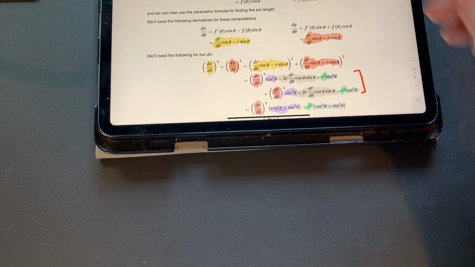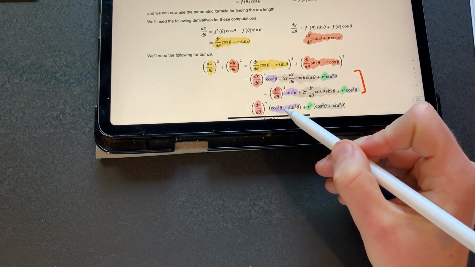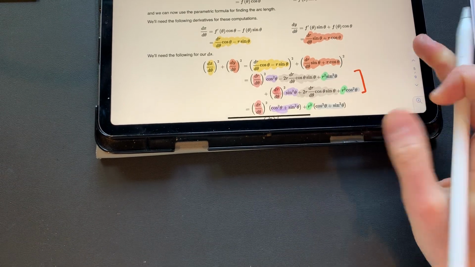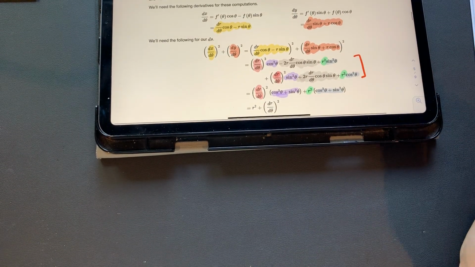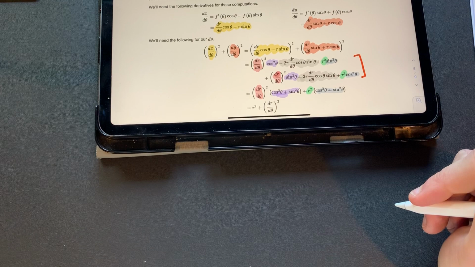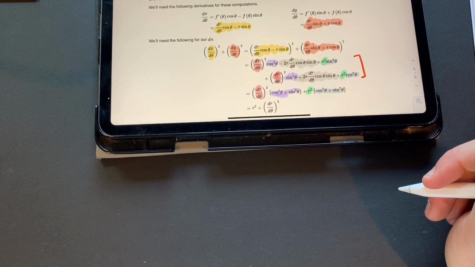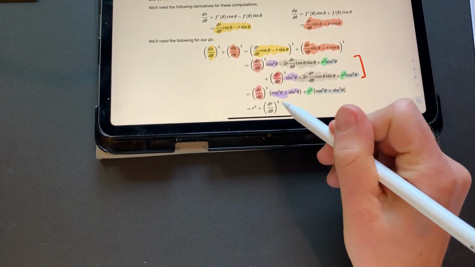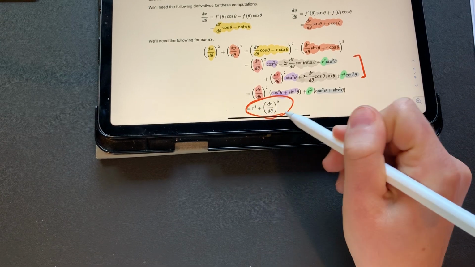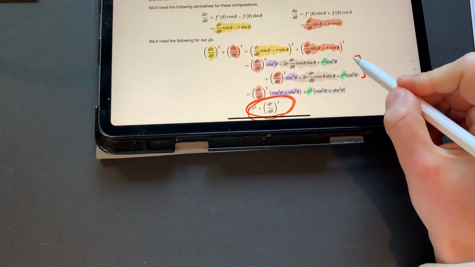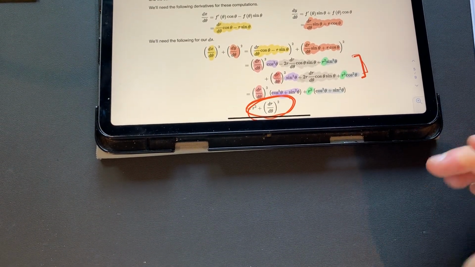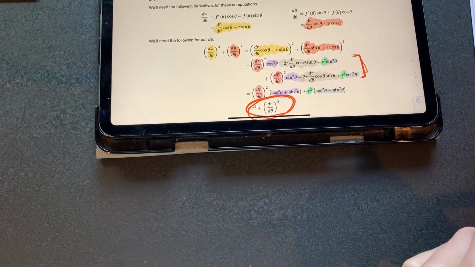Now, from trig, we know that cosine squared plus sine squared is equal to 1. So this nicely simplifies to just r squared plus dr d theta squared, which is awesome because this is so much simpler than this mess.